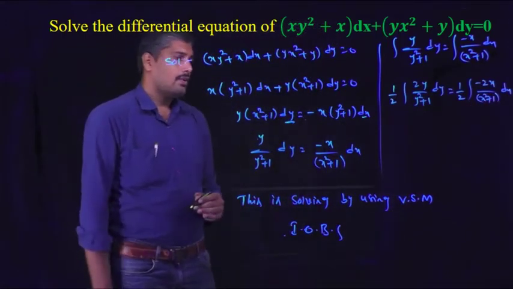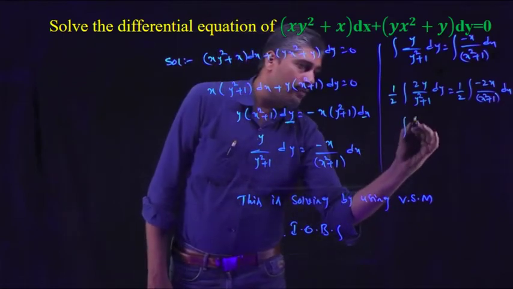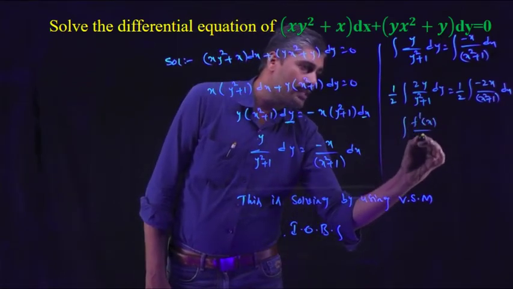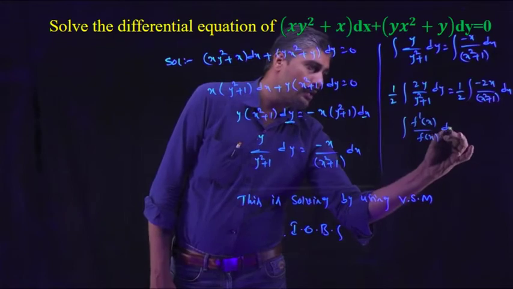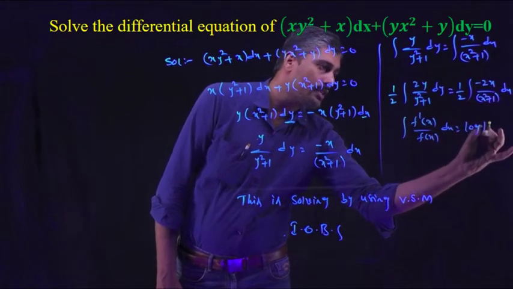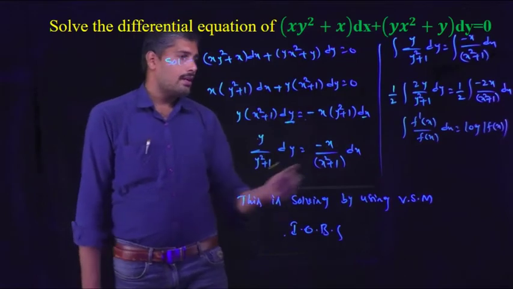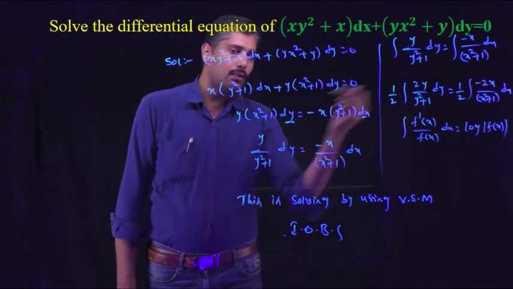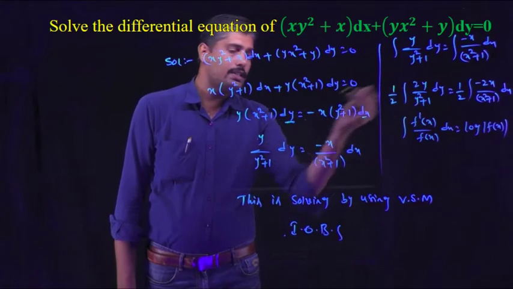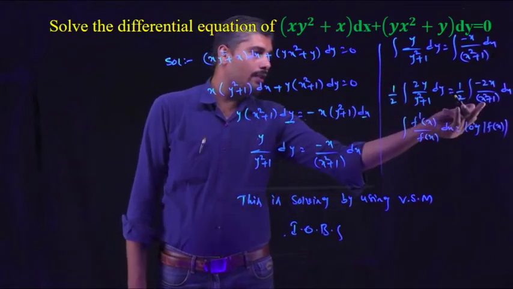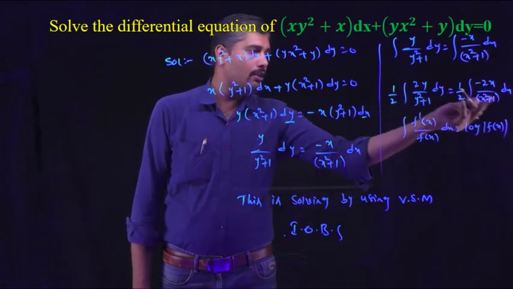Right? We know the formula, integral f'(x) by f(x) dx equal to log of modulus of f(x). Right? Here the derivative of y² is 2y and the derivative of 1 is 0. Here the derivative of x² is 2x and the derivative of 1 is 0.